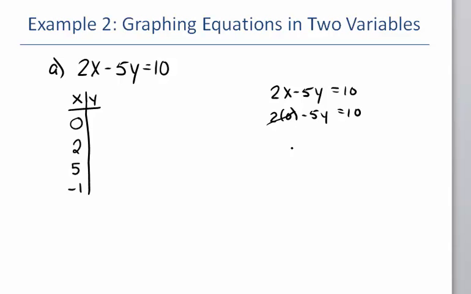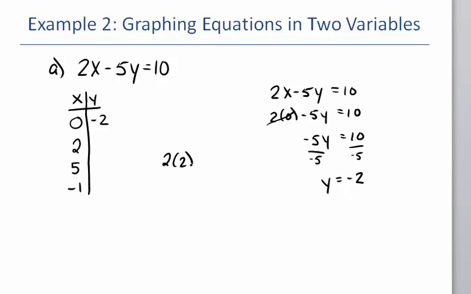2 times 0 becomes 0, so that's going to cancel. We're left with -5y is equal to 10. We divide both sides by -5, and we get y is equal to -2. Next, we'll do it for an x value of 2.